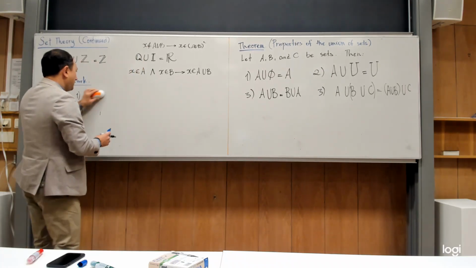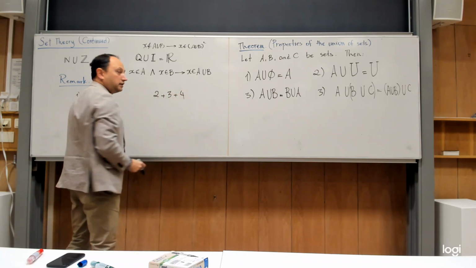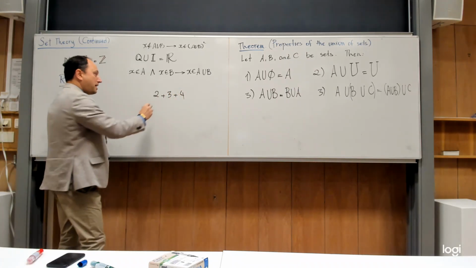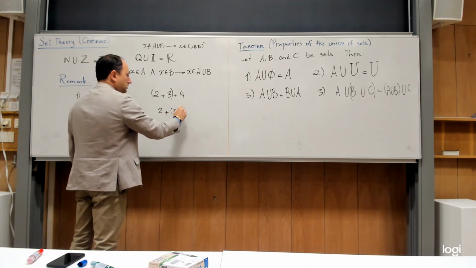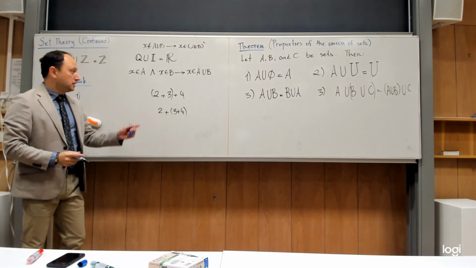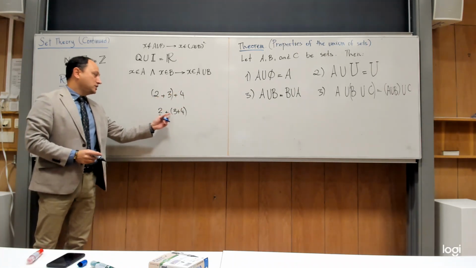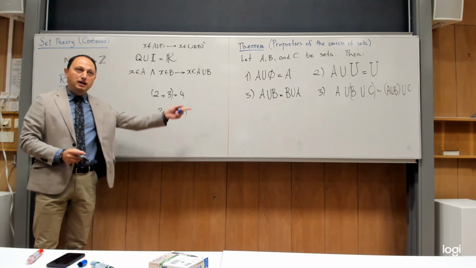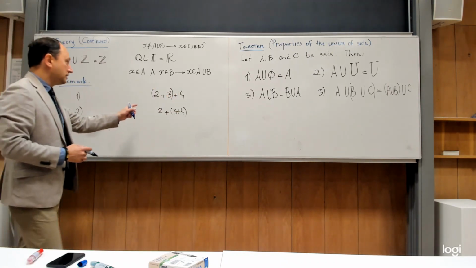Yes, because if I give you this number to calculate, you will not complain. Because it doesn't matter which you add first. The answer would be the same. This becomes 5 plus 4. The final answer is 9. Of course, this becomes 2 plus 7. But again, the final answer is 9. So addition is associative. Yes?